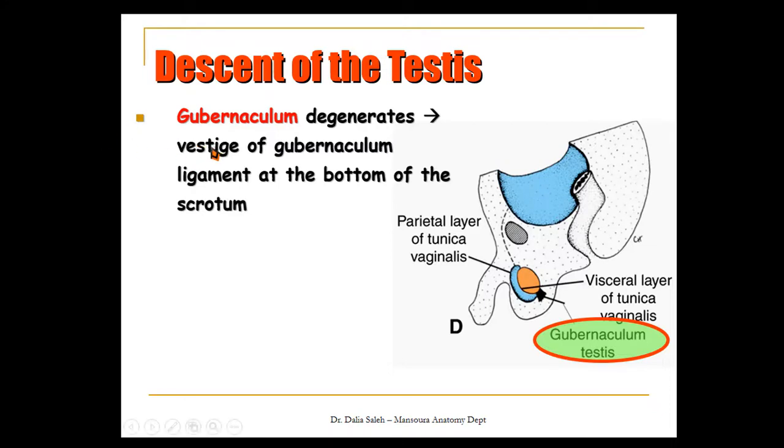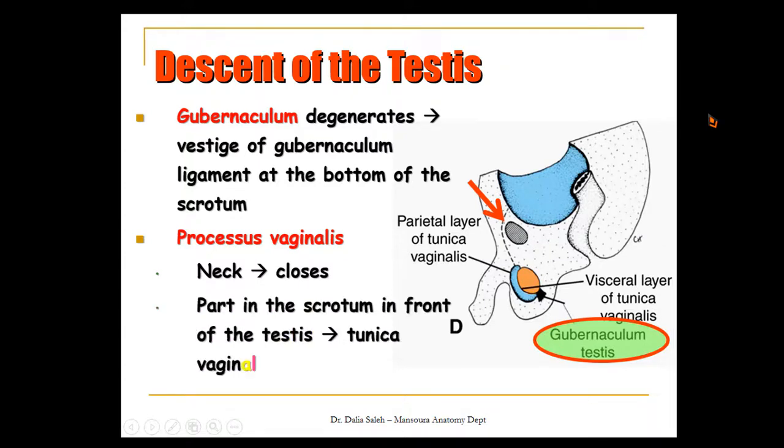The word vestige means a remnant. Also, the processus vaginalis, its neck closes. By its neck, I mean that the communication between it and the peritoneal cavity will close, while the rest of it will form a cover around the testis, which is called the tunica vaginalis.